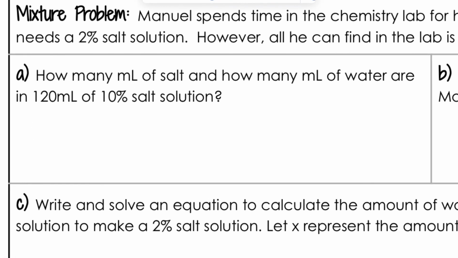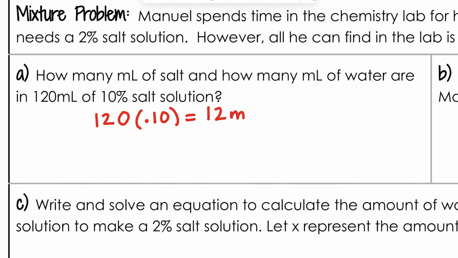Well, if in 120 milliliters, 10% is salt, we can do 120 times 0.10, and that will give us 10% of 120, which tells me that there are 12 milliliters of salt.